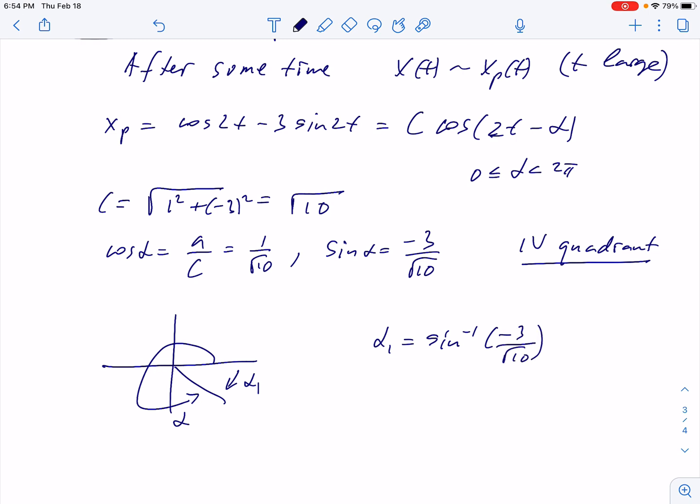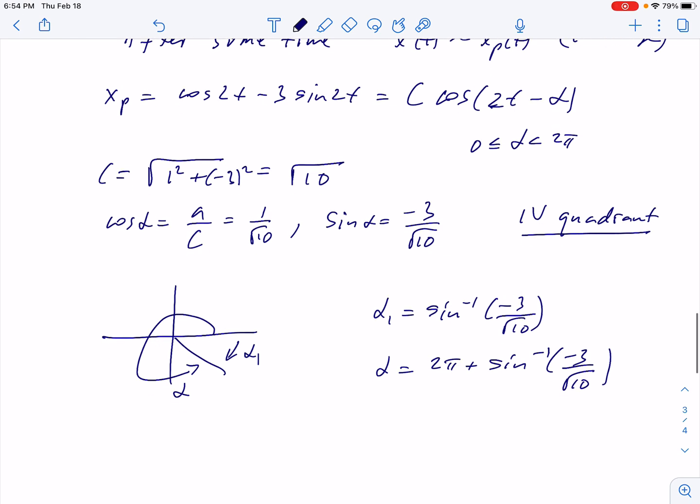It's a negative angle. And the real alpha will be 2 pi plus this. I'm writing plus because this angle is negative. It's like subtraction, and so we're removing alpha 1. We have alpha, the real angle. Another way to do it, I can write alpha 2 pi minus inverse cosine 1 over root of 10.